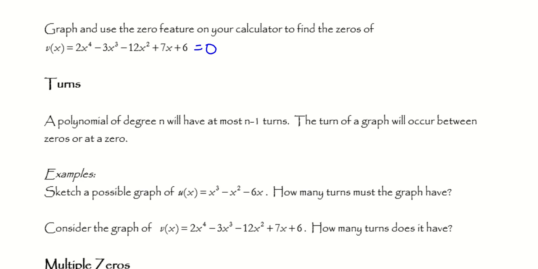So I've got 2x to the 4th minus 3x cubed minus 12x squared plus 7x plus 6. And I'm going to graph this by doing a zoom standard.